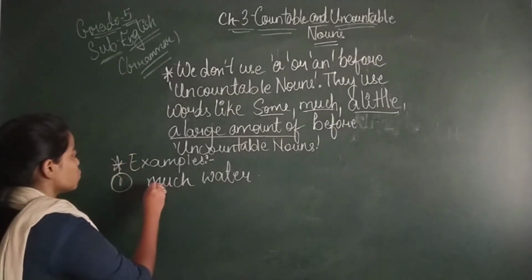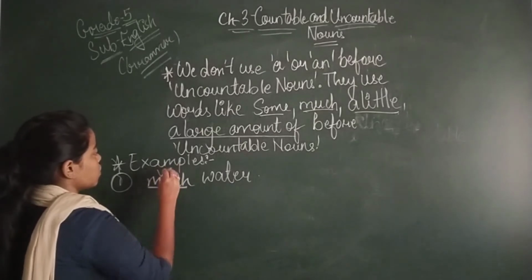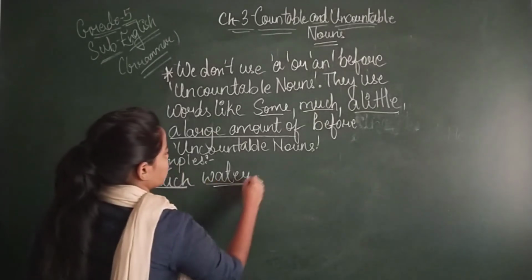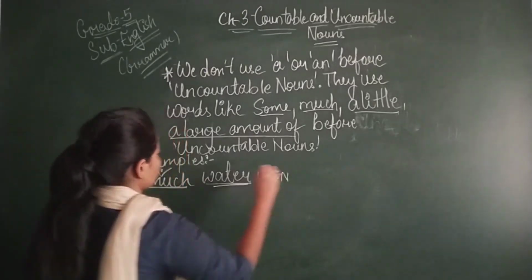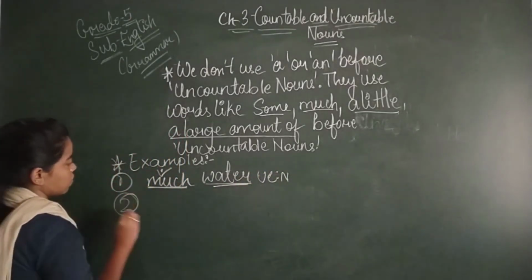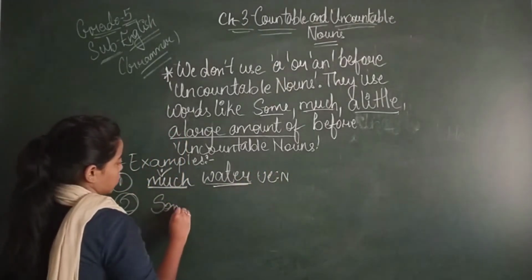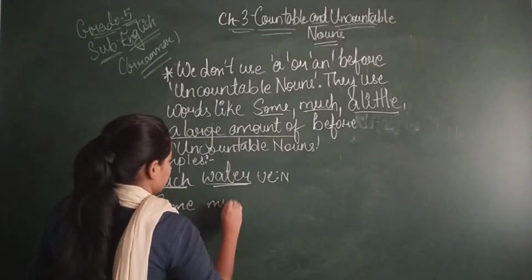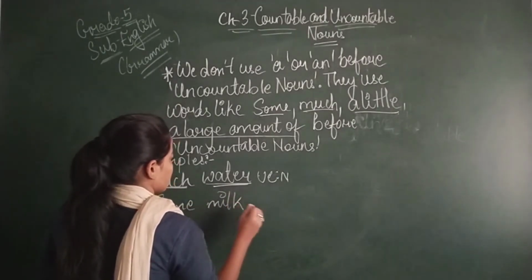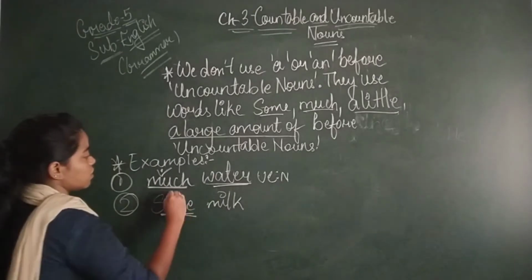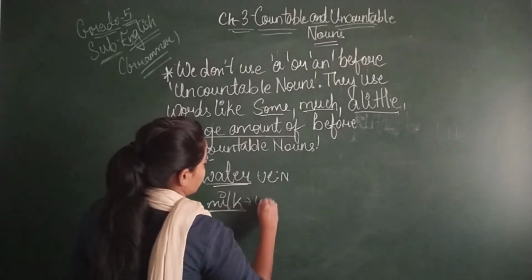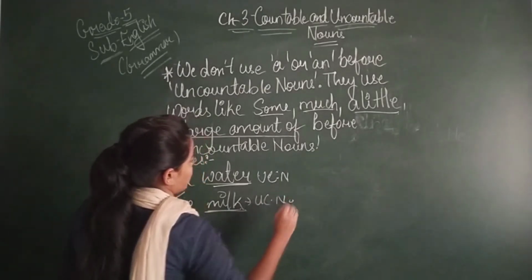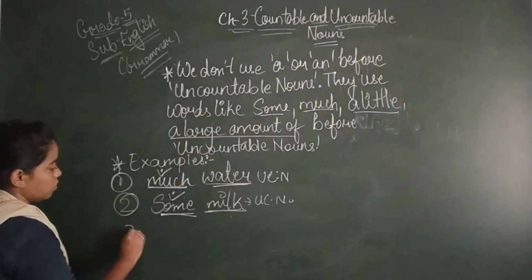No. So much is used to identify the uncountable noun. Next, some milk. So here some again is the word used for pointing out the uncountable noun because we can't count milk.